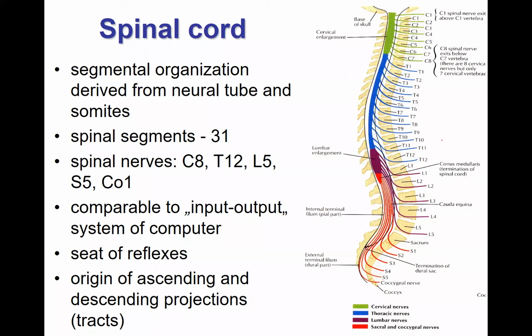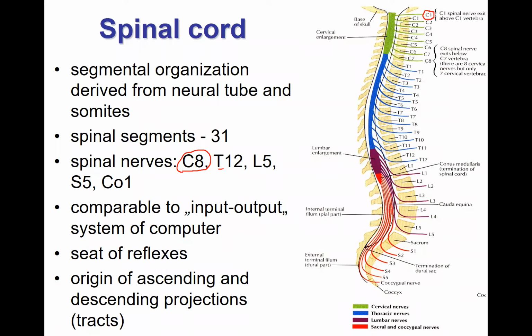So for the spinal cord as a whole, it is segmented as the somites have been segmented into vertebral bodies and intervertebral discs, and then myotomes. And of course we have this segmentation, and the segmentation is similar to segmentation of the spinal nerve. So we have 8 cervical, because the first one leaves the spinal cord between occipital bone and atlas.